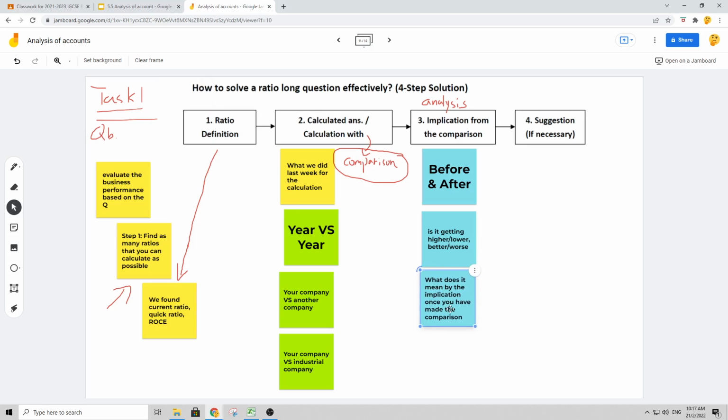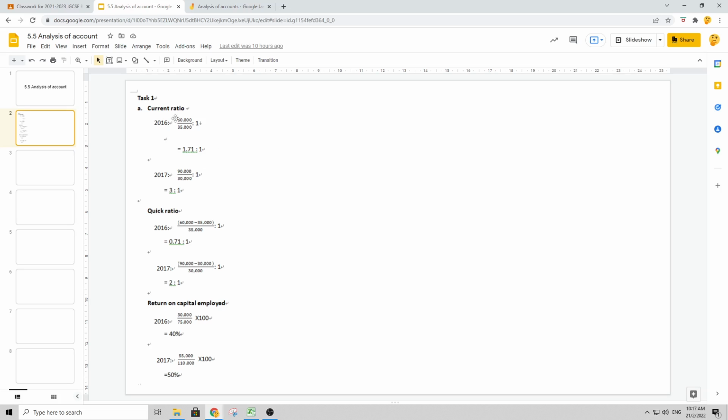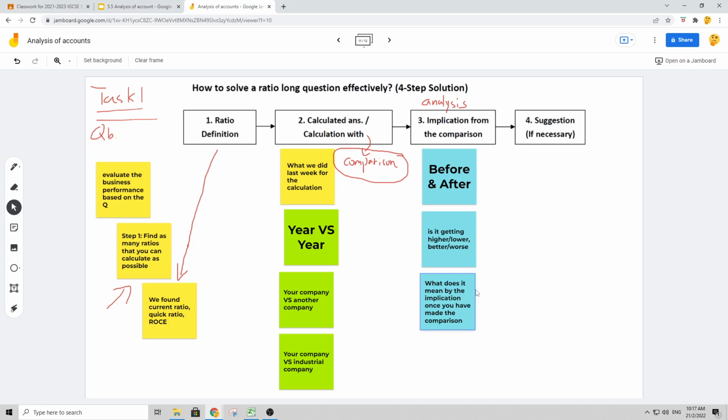When you look at the question here, look at current ratio. Based on this question, we calculated the numbers, and we see from 2016 to 2017, it's been increased. So this is the first thing that you are going to write, but what is the implication behind that?